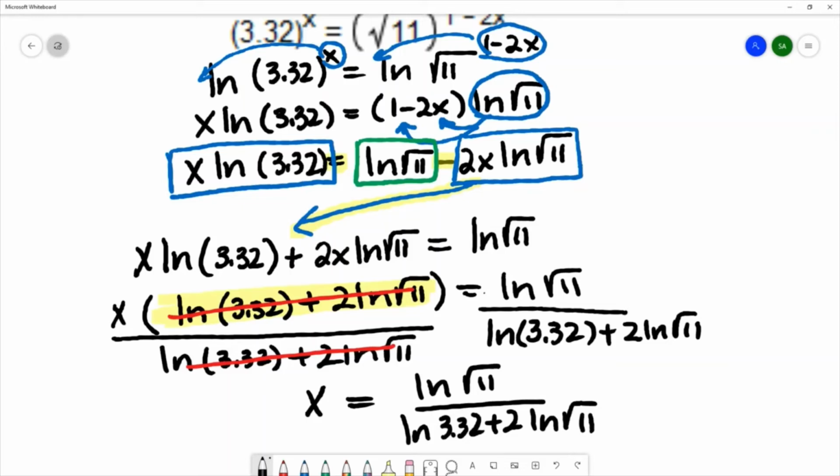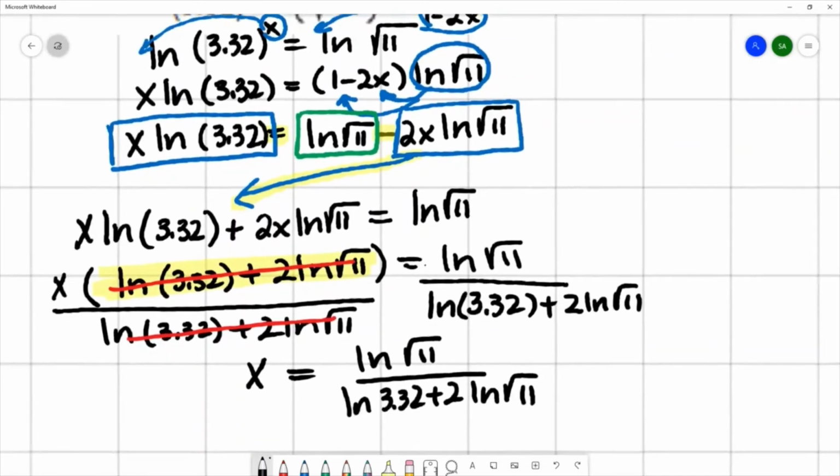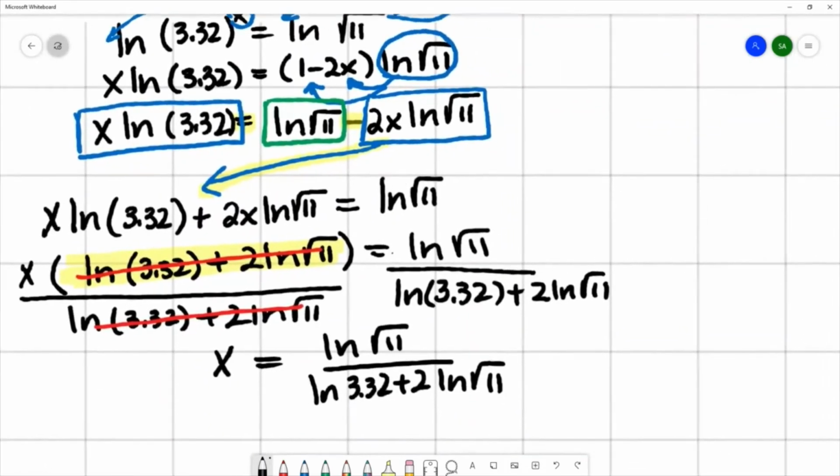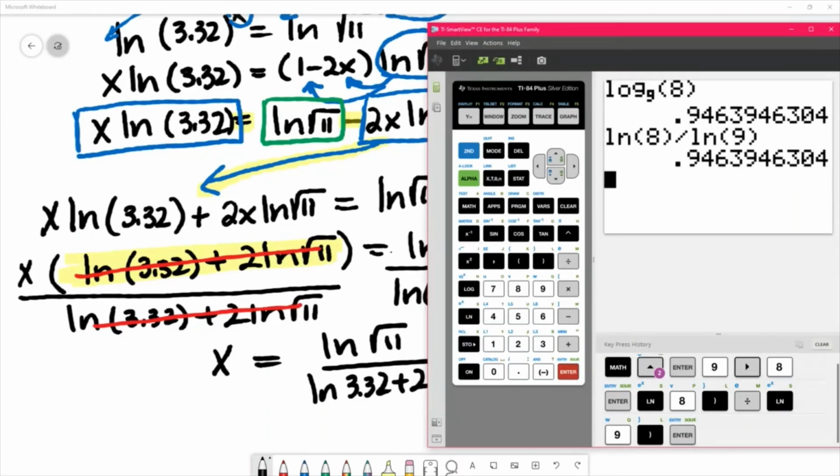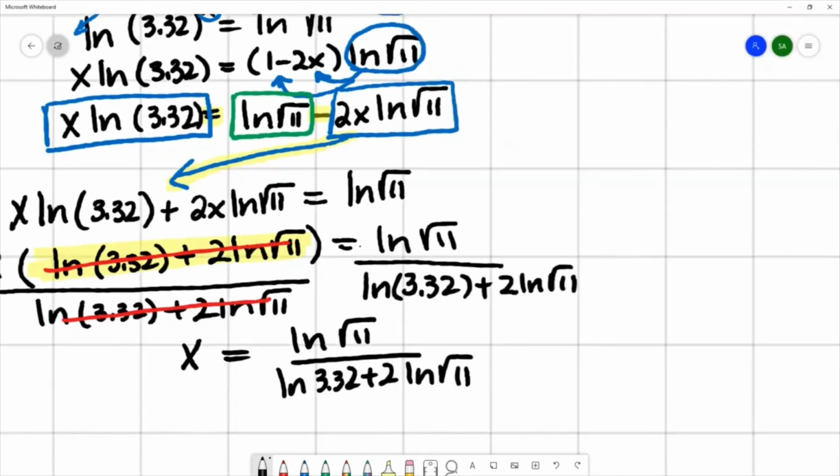Now there may be some times when you would need to find an approximation for this. I'm going to get my calculator and show you how to type that expression into the calculator.